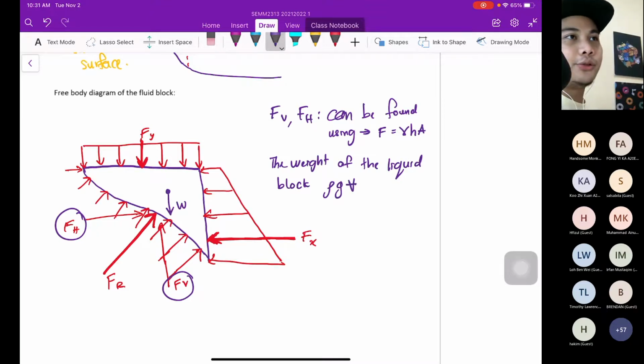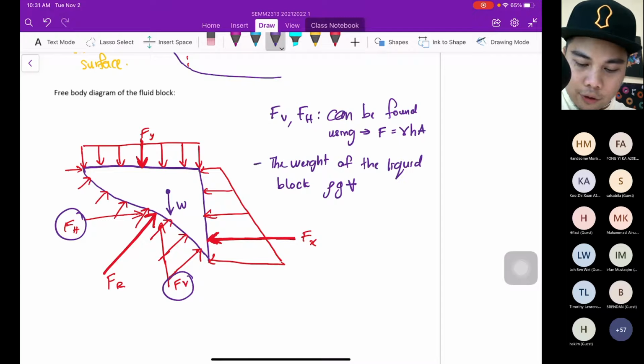I previously explained to you the weight is mass multiplied with gravity. You convert the mass in terms of rho V multiplied with gravity. So the weight is rho GV. So this acts through the centroid of the volume.